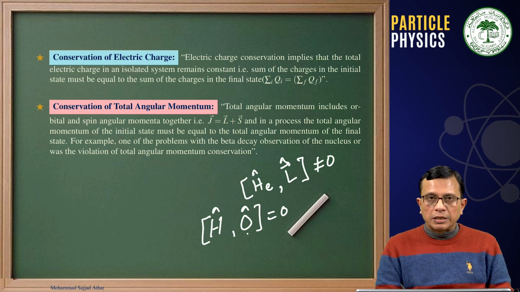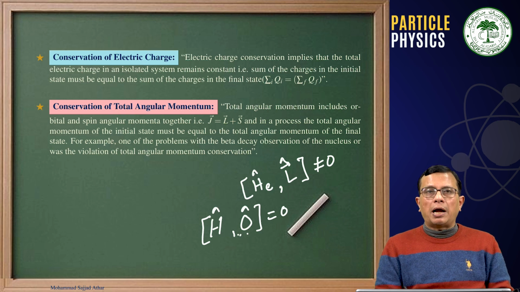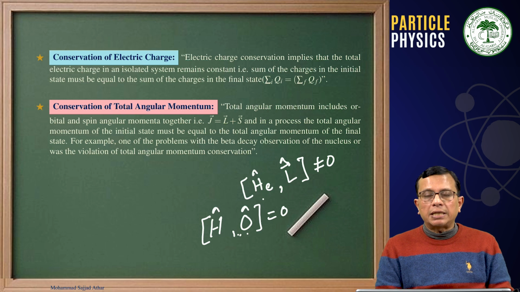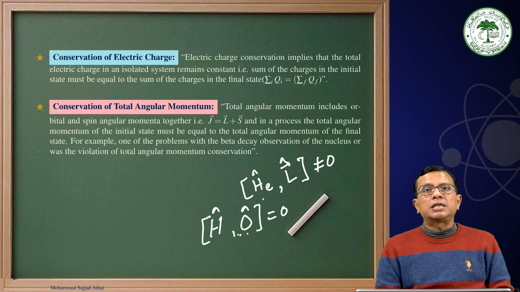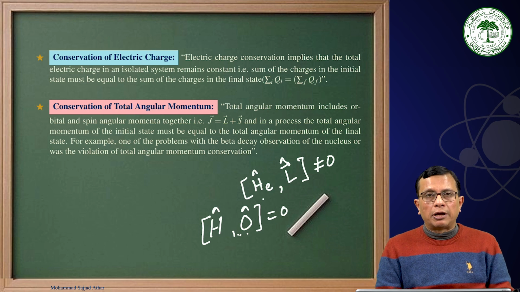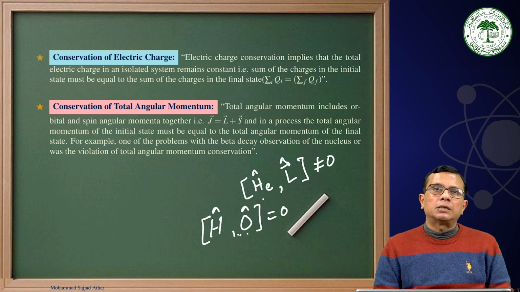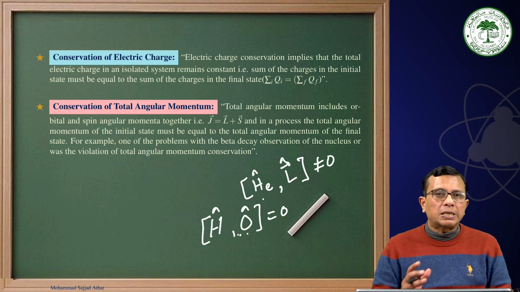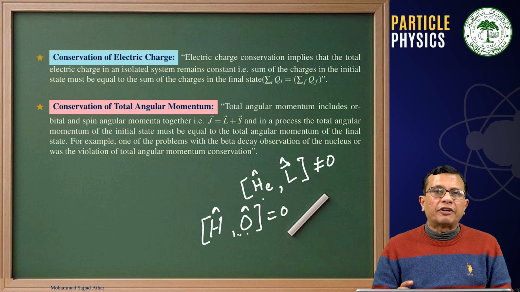If the operator commutes with the Hamiltonian of the system, what was found is that the Dirac Hamiltonian, the relativistic Hamiltonian for the electron, does not commute with the orbital angular momentum operator. That means the quantum number associated with the orbital angular momentum operator is not a conserved quantum number, is not the complete quantum number, because we know from classical physics that orbital angular momentum exists. Then that means that is not the full story.